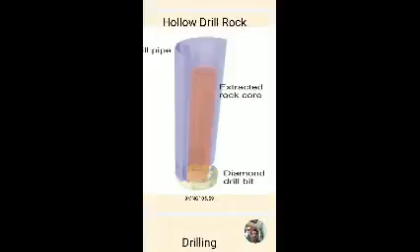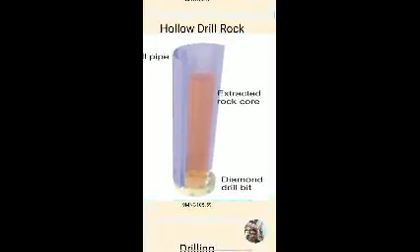A number will be given to the first piece, suppose 1. Then further drilling takes place. What happens? The next solid portion will be taken out by the equipment, and the next piece will be given number 2, like that until the completion of the drill hole.